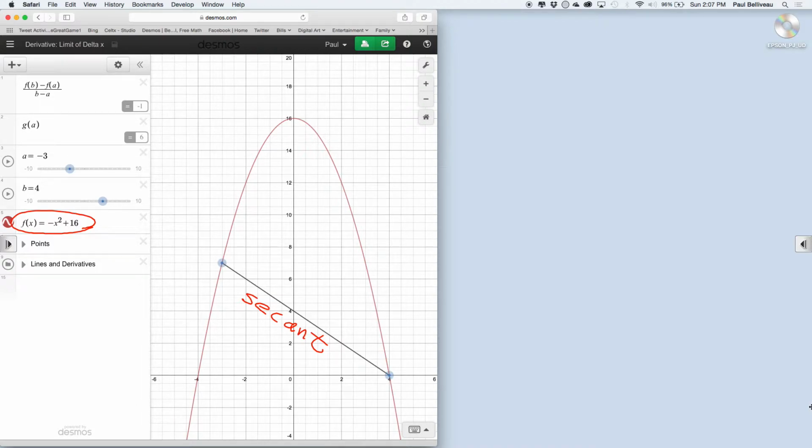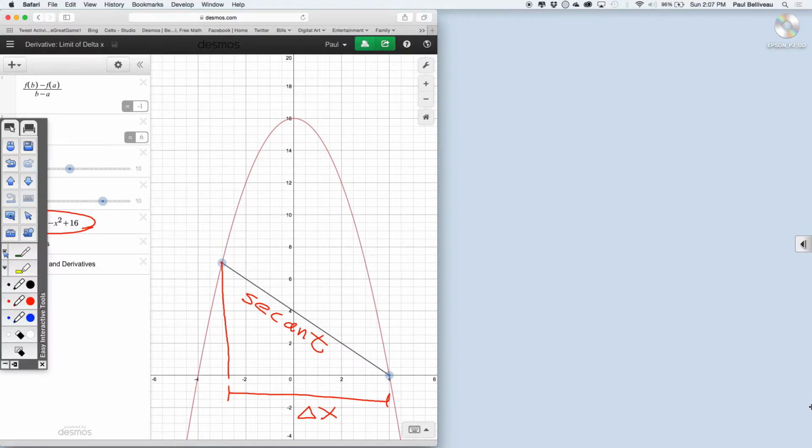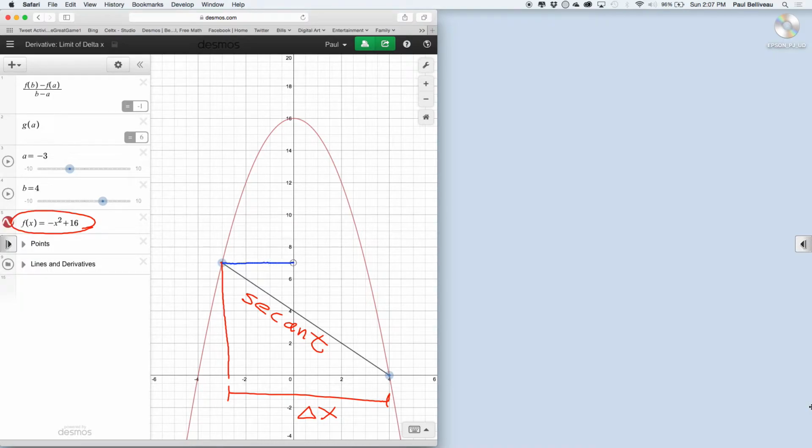Now, another way to look at what we have here is we have a distance. And this distance is a change in x. It is a change in x. And each of these x points also corresponds to a y point. There's a y point. I'll call that y sub 2. Here's a y point.